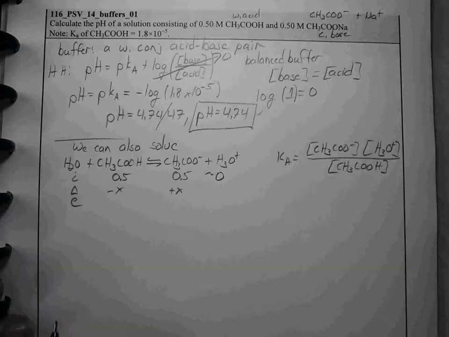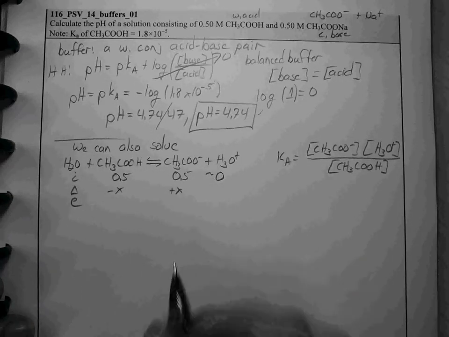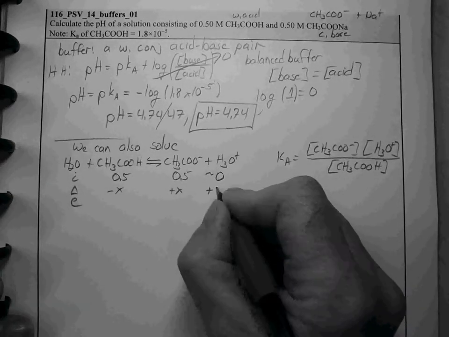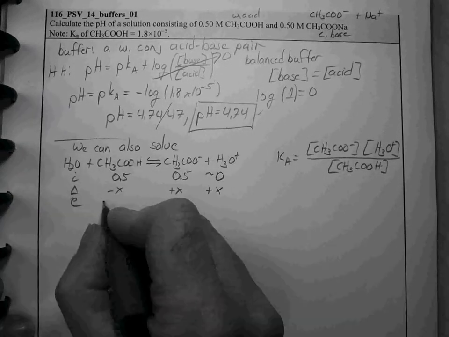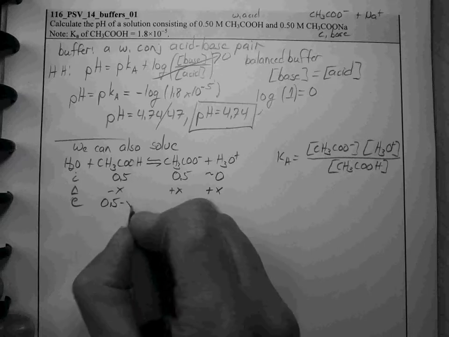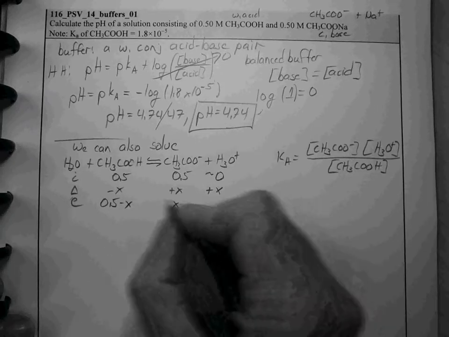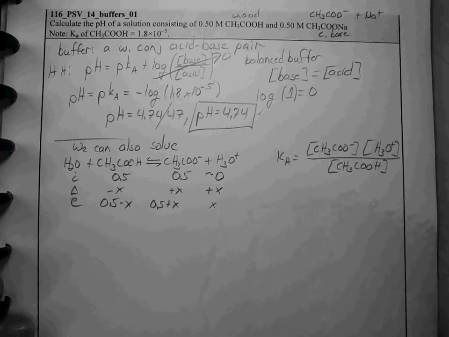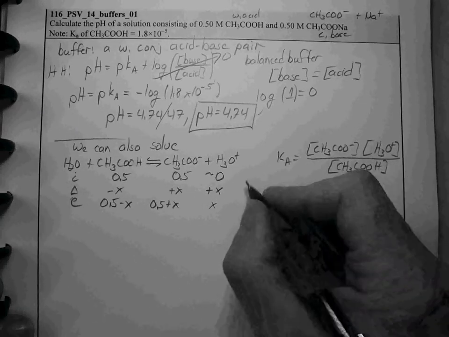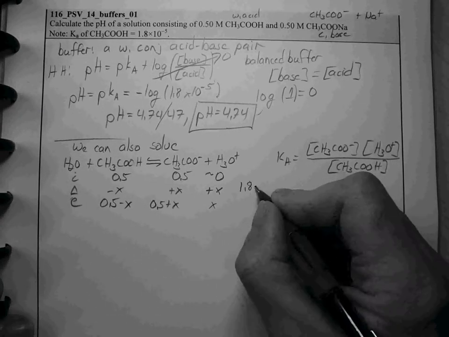Assume we don't have any initial hydronium ion concentration. So our equilibrium concentrations, the initial plus a change, are 0.5 minus x, x, 0.5 plus x, and x. We can put them into our equilibrium expression.